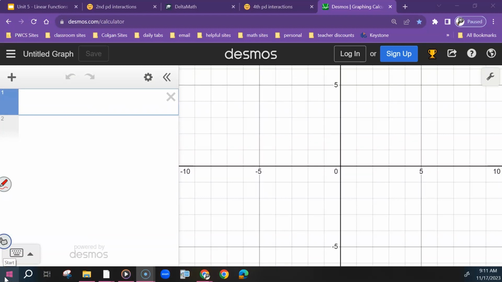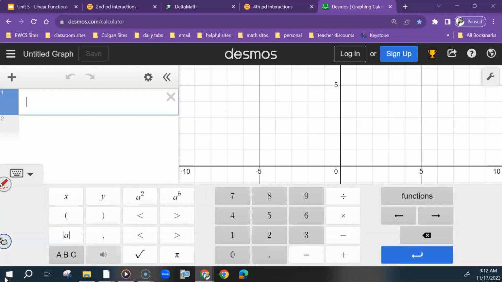Alright, in Desmos, I'm going to show you how you can use Desmos for these types of problems. It's very similar to how we did this for the writing piece. So let's say we are doing some of the examples from the ones we just did, like number 1. I'm going to type in the point -2, 7.